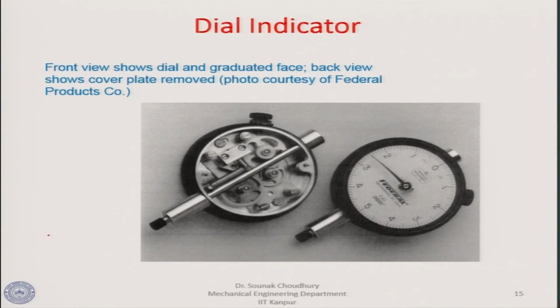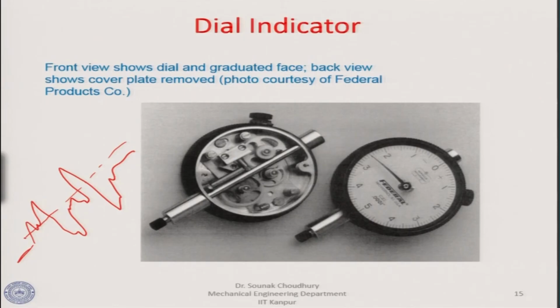For example, suppose you want to find out the undulations on the surface, surface roughness, let us say this is the surface, highly exaggerated. When the dial indicator moves on this, it will go up when it comes here. Let us say this is the mean line on which the dial indicator will go. The dial indicator pointer is here, which is 0.